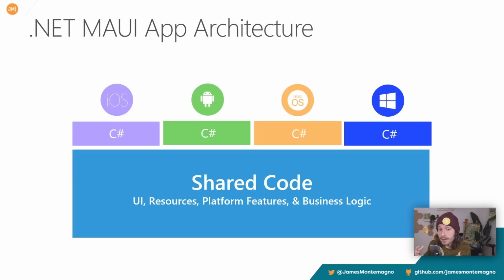Accessing native platform features like geolocation, sensors, clipboard, those have also been accessible from shared code, which is unique, and I'll talk about that. And finally, the largest amount, I'd say the biggest part of your application is the business logic.